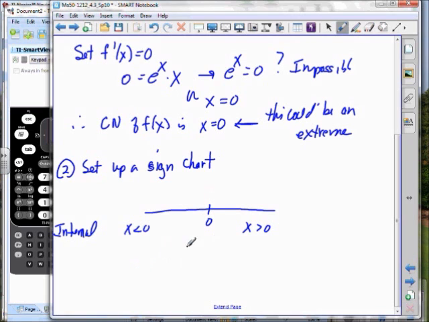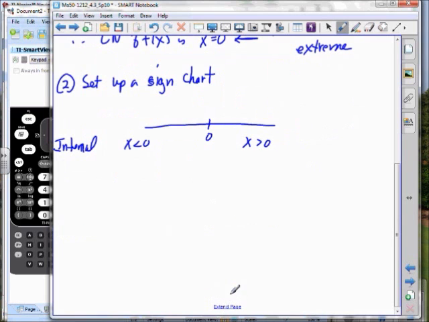If the first derivative is positive here, and negative here, then I would know that at 0, I had a relative maximum. If the first derivative is negative here, and positive here, then I know that I've got a relative minimum. If it's positive and positive, I really don't know much of anything. I just know that it's a critical number, and we have to take another look at something else to determine that.